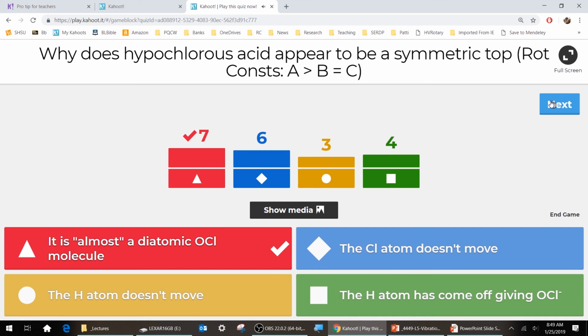Okay, if you look at the molecule, it's very similar to just the diatomic. That little hydrogen, I mean, oxygen is 16, and it's got this little hydrogen of 1 spinning around it. So it's very similar to an OH and a Cl diatomic. So it has two very small moments of inertia and then one very big one.